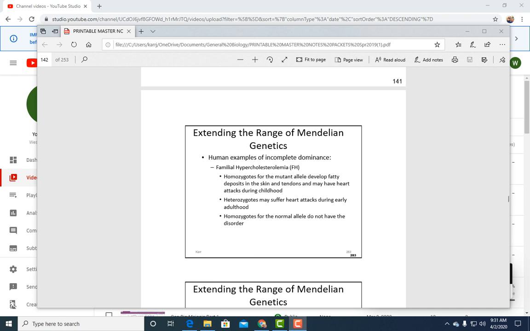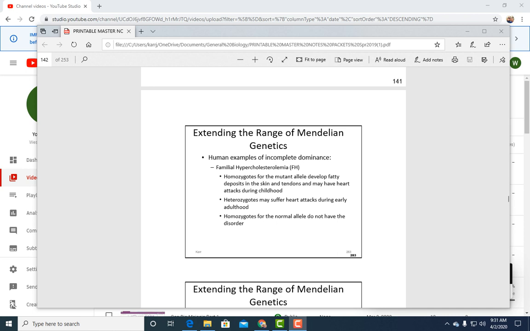So if you are homozygous recessive for this disorder, then you have serious problems and heart attacks in childhood. If you're heterozygous, you have less of an issue with cholesterol, but somewhat of an issue, so you have heart attacks later in life, in early adulthood. And homozygous dominants don't have the disorder at all.